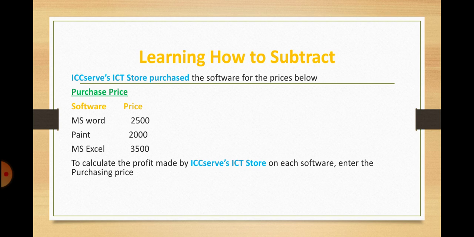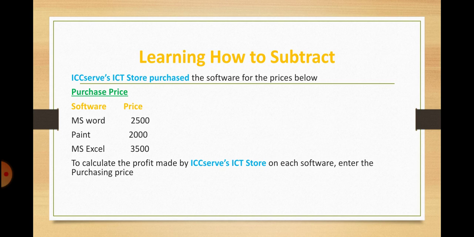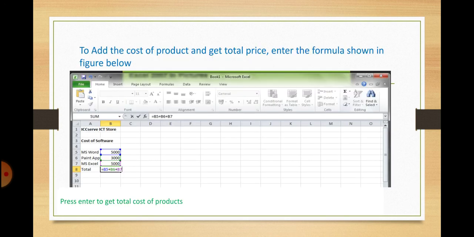So the Microsoft Word that ICC Serve sold for 3,000, ICC Serve purchased for 2,500 in the computer market. ICC Serve also purchased the Paint application for 2,000 naira but sold it at 3,000. ICC Serve purchased MS Excel for 3,500 and sold for 5,000 naira.